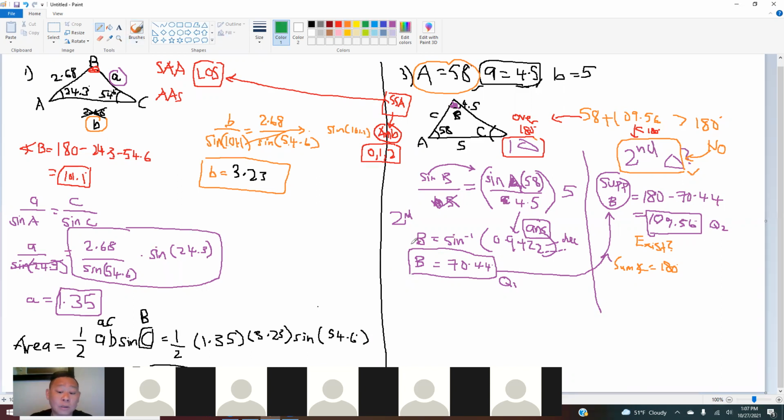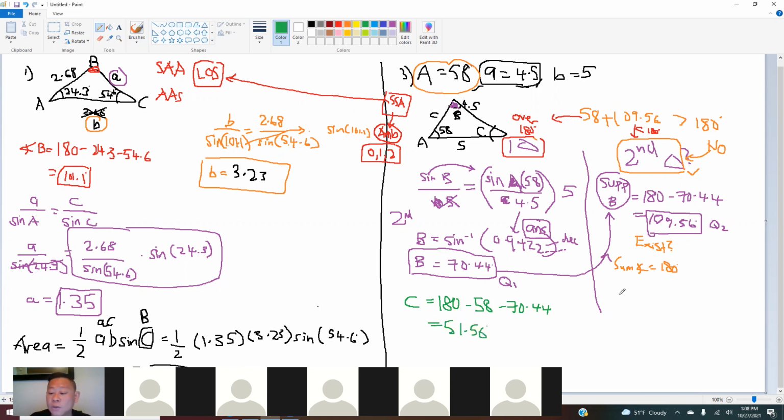So this is very important. A lot of students make that mistake. So how do you find angle C? Angle C is found by taking 180 minus angle A, which is 58, and angle B, which is 70.44. This is mostly just calculator work. 180 minus 58 minus 70.44 is 51.56.